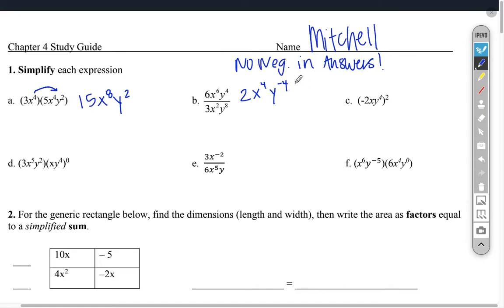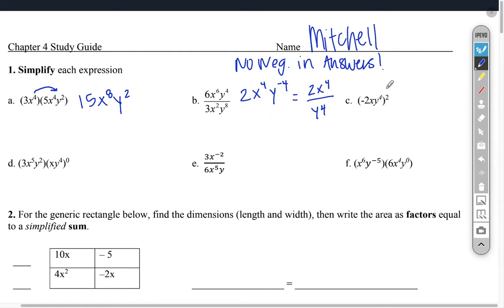So we need to get rid of this negative 4, and we can do that by putting it on the bottom of a fraction. So this is going to equal 2x to the fourth power over y to the fourth power. Remember that this y has to come down with the exponent, that they belong together.